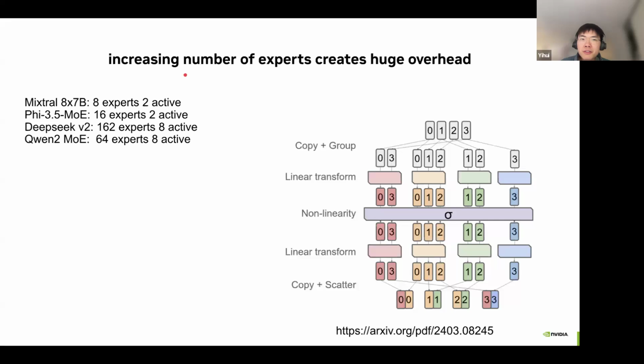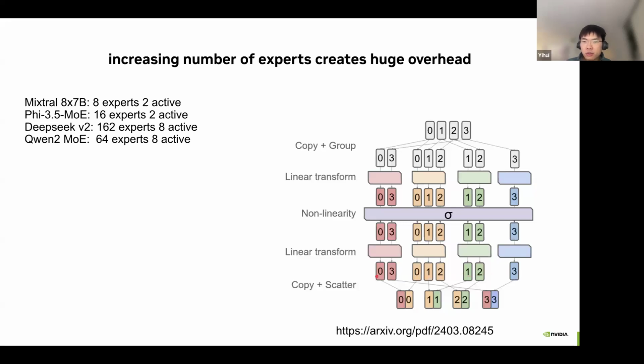So recently, there are a lot of new MoEs that have an increasing number of experts. This will cause a very huge overhead. For example, the DeepSeek V2 MoE has 160 experts and eight of them are active. If you think about the memory overhead, first you would have the tokens, and these tokens need to go to different experts.